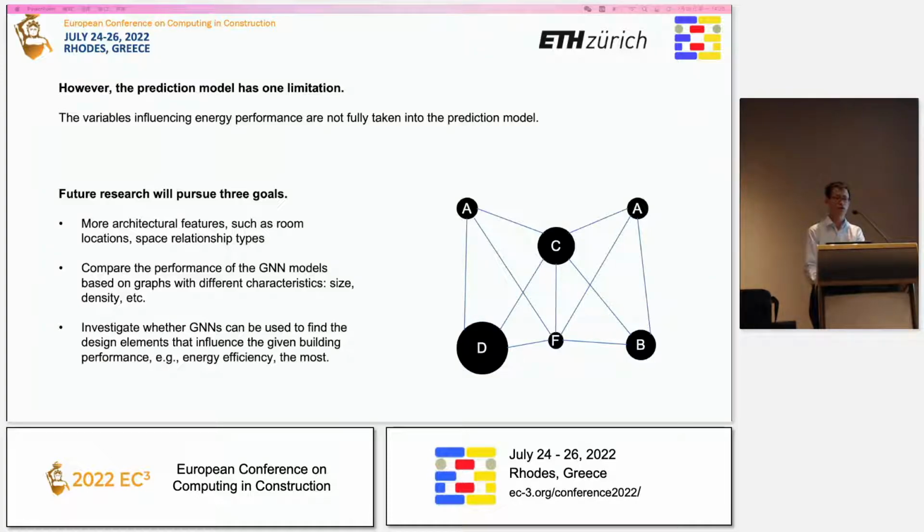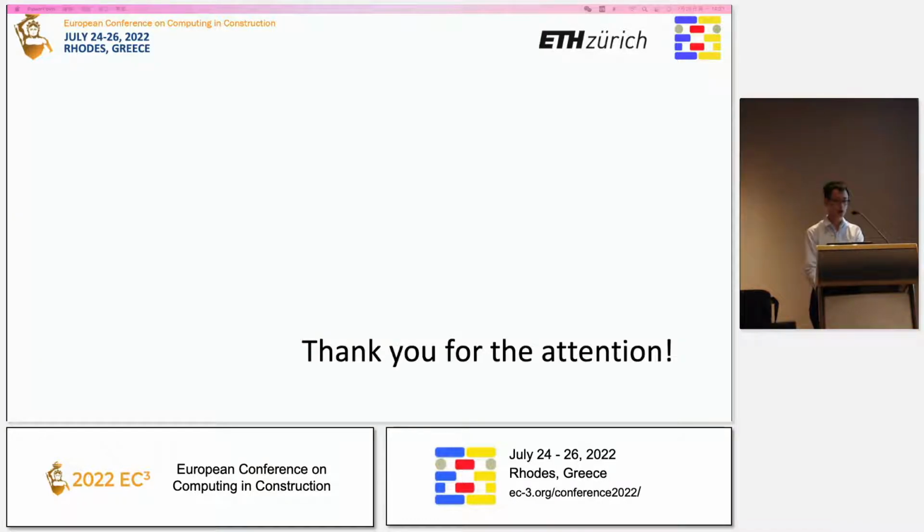So, for example, for the construction process, the managers can use that to locate the critical elements and set the buffer for that. So you can find this methodology can be applied to different domains. Thanks for your attention, and I'm looking forward to your questions.